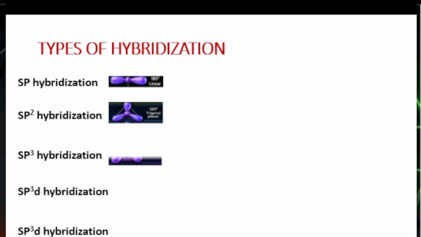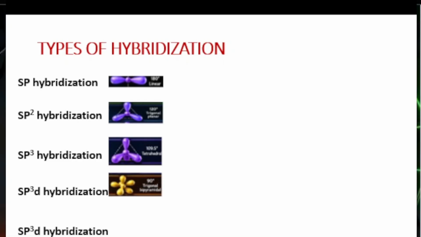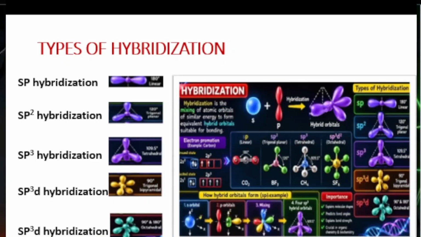The same thing applies to sp3d hybridization. Looking at this diagram, you will understand the shapes, the orientation of all the types of hybridization in space, as well as their respective angles.